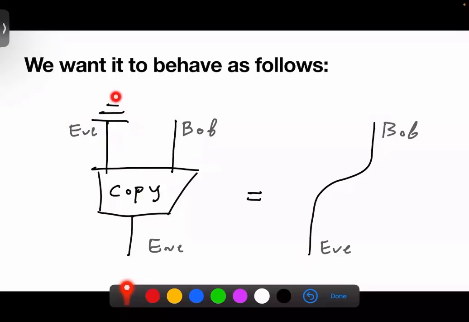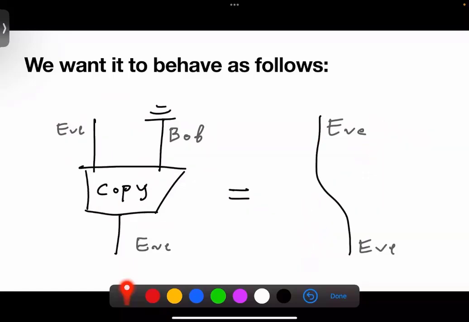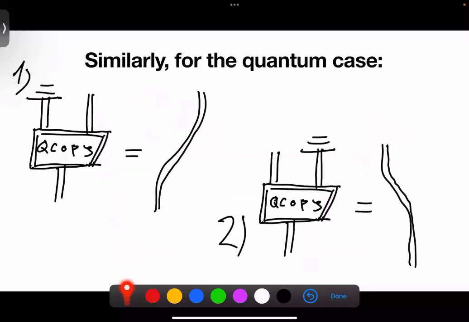Whatever Eve had, she dropped, and then Bob is just going to receive the information that he should be receiving. And it should go the other way around. If Bob were to discard the information that he got, then Eve should just have the identity, because you copied it and then you got rid of it. So this is how it should behave in the classical, or even in the quantum case.